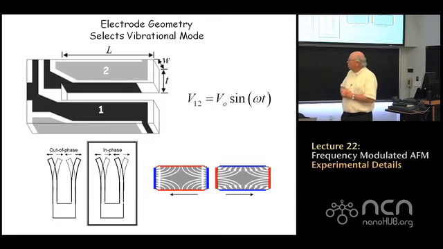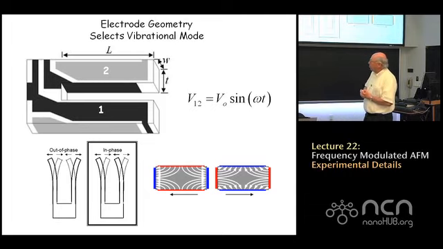There's a symmetric out-of-phase mode, and there's a symmetric in-phase mode. Most tuning forks are cut with electrodes that cause this in-phase mode to be excited. That's done by carefully wrapping gold electrodes around the quartz tuning fork in the way that's indicated in this diagram.